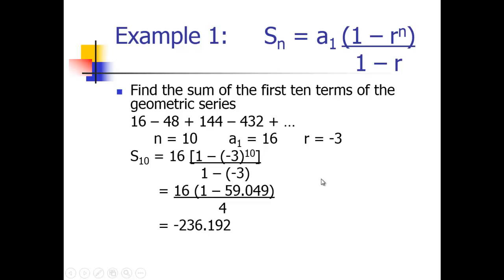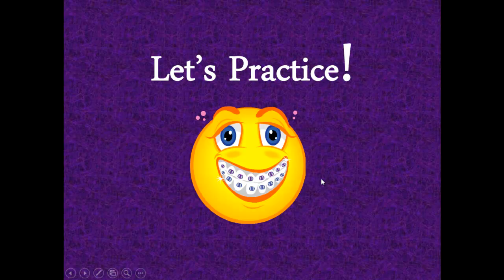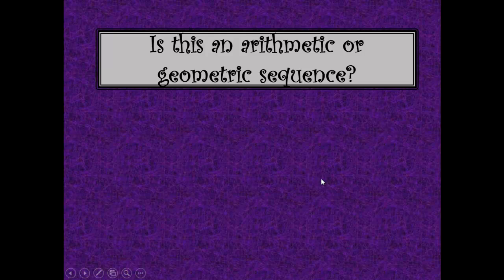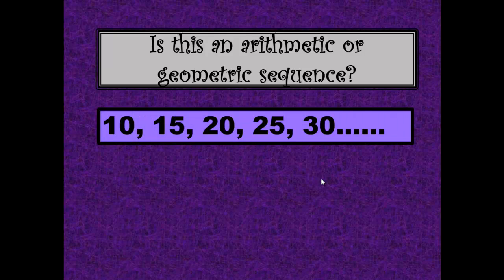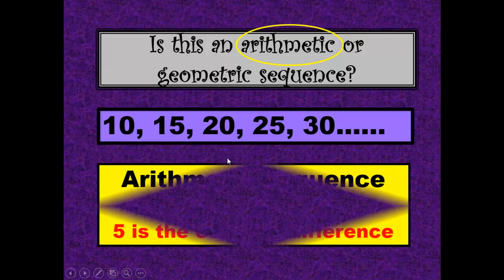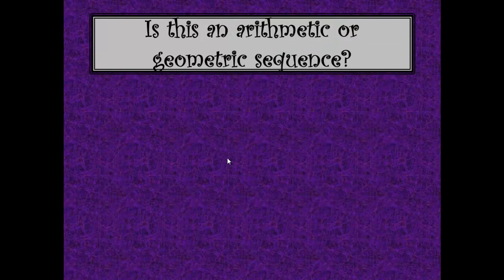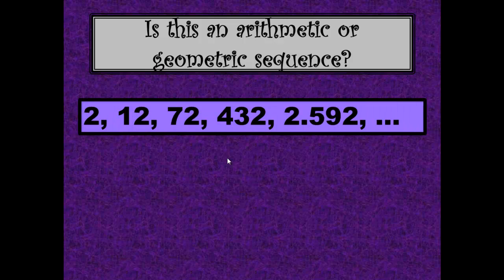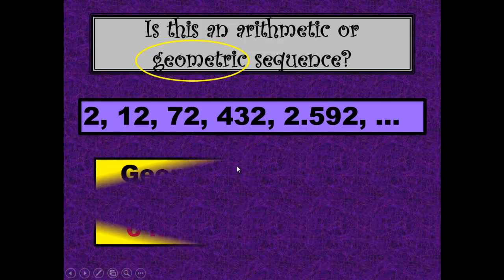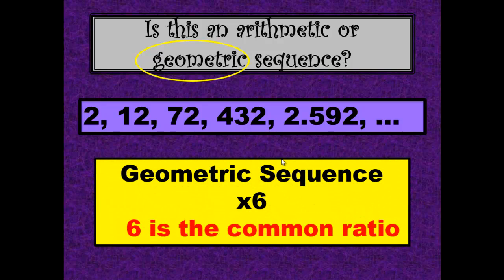Now let's practice. Just look at the sequence, guys. It is an arithmetic sequence because it has the same common difference. Is it arithmetic or geometric, guys? Right, it is geometric because it has a common ratio. How about this one?